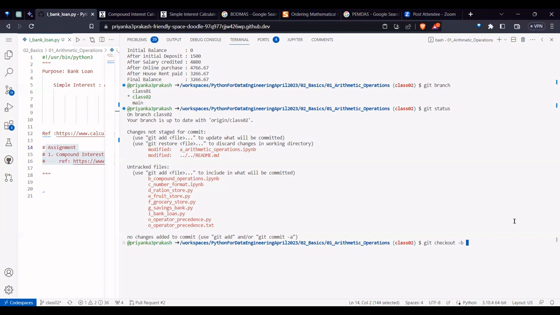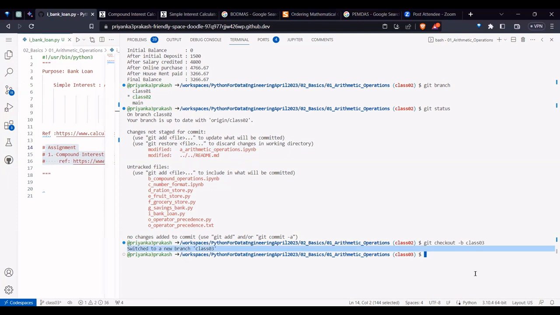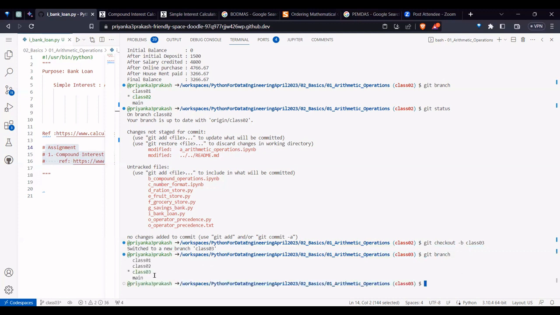If it is for the first time. Next time when you are doing it, hyphen b is not needed. Say class 03 I want to do. Git checkout hyphen b. Now did you see, checking out to a new branch? Now if I run the same git branch, did you see I got 4 branches and it is highlighting class 3.